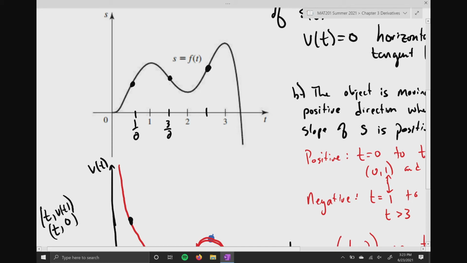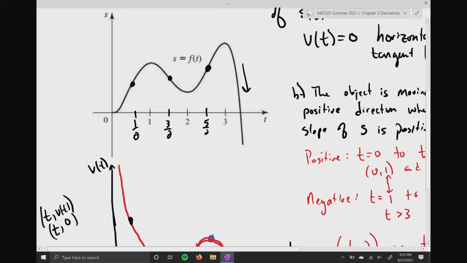So that's going to be 2.5? Another way to say that is just 5/2. And then anything after 3, acceleration and velocity are going to be in the same direction. So we know this is definitely speeding up in that direction.